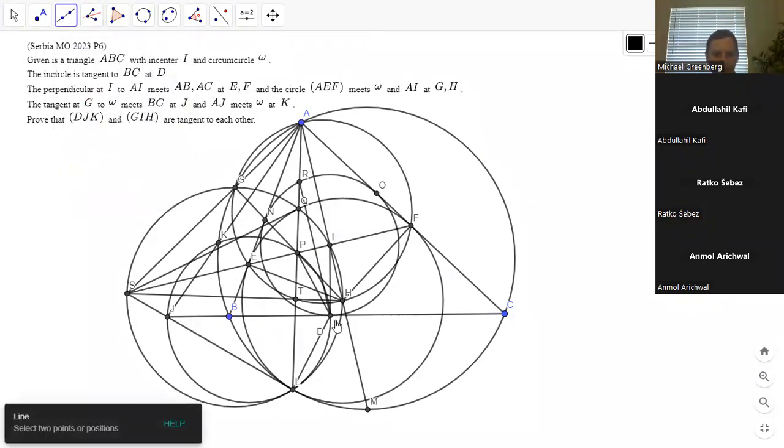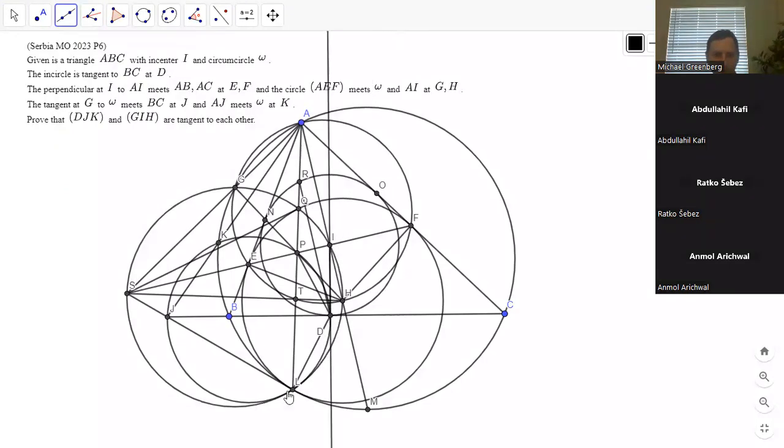So, for example, if I let DI intersect AL at a point, and I want to show that this point P and this point L are harmonic, where would I project those through? Let's draw this.